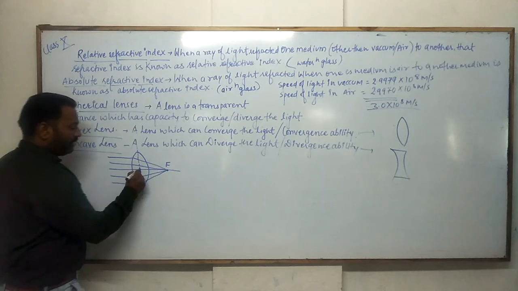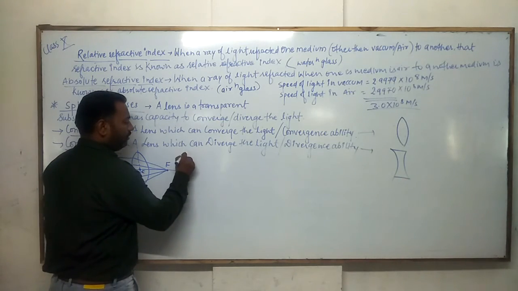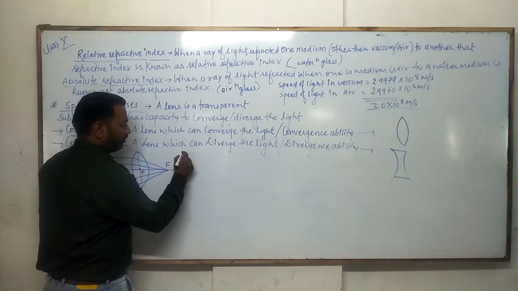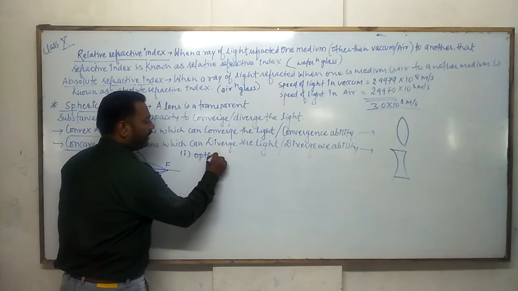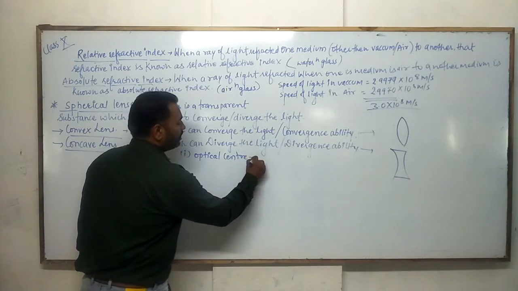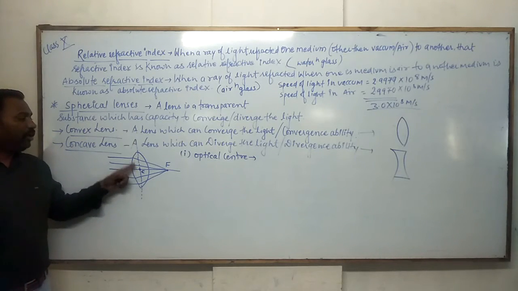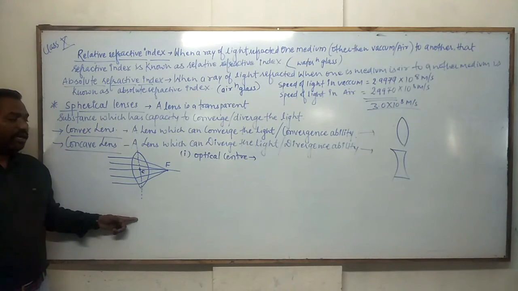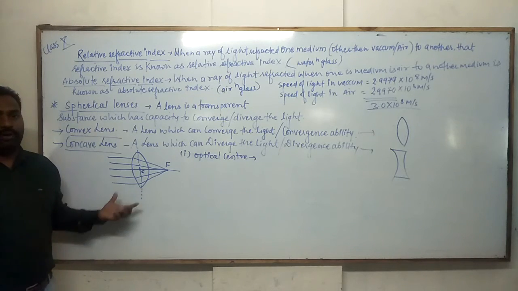So first, this is the C point, the midpoint. First is optical center, you have to write them, optical center. So what is the difference here? The midpoint of reflecting surfaces, in the mirror, that is known as the pole, okay.